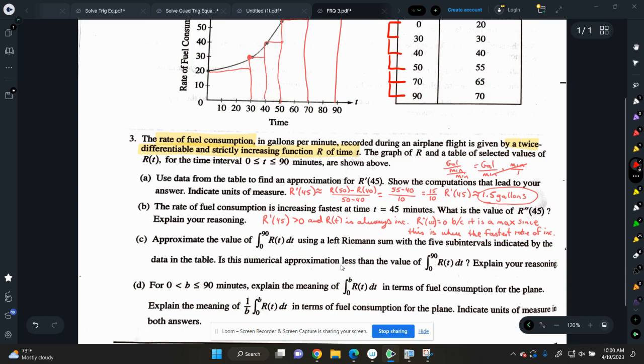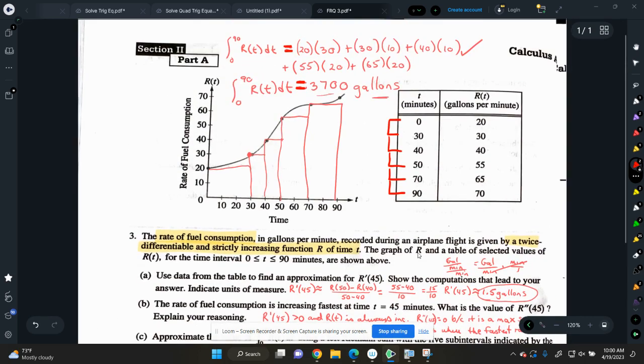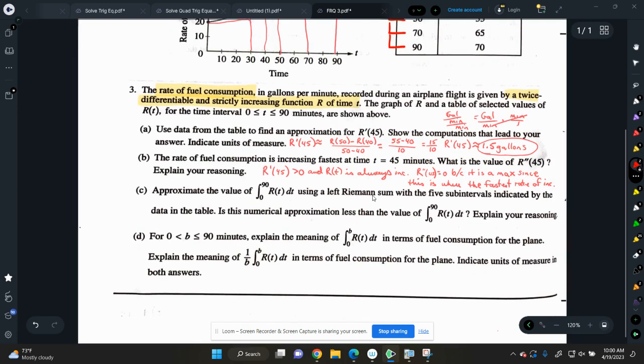Is this numerical approximation less than the value? It's less than because the rectangles are underneath the curves. Okay, so this is where, okay, listen. This is where we have to use the terminology they want. We're going to say it's less than, right?